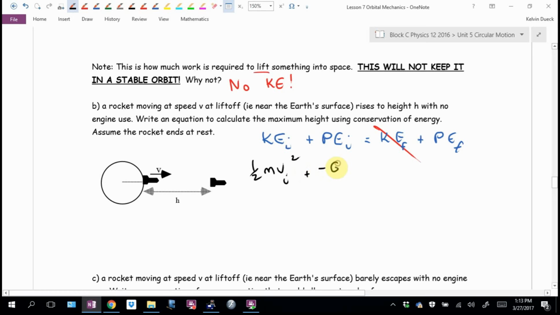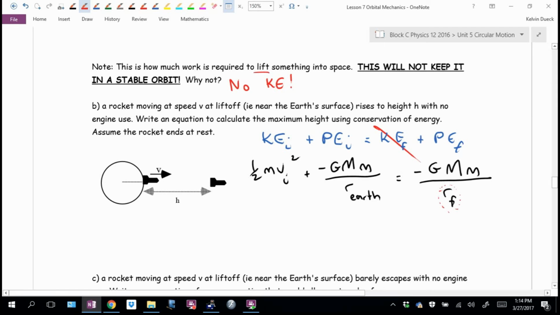Plus negative big G, big M, little m, all over R, and I'll write the word Earth, our initial planet surface, right there. That equals negative big G, big M, little m, all over R final. And what this question wants us to find is our final.